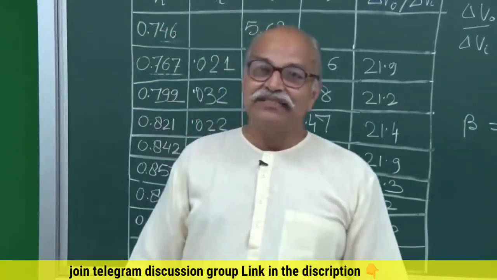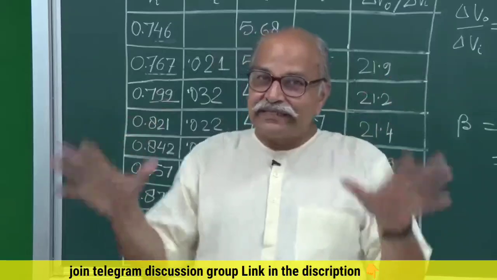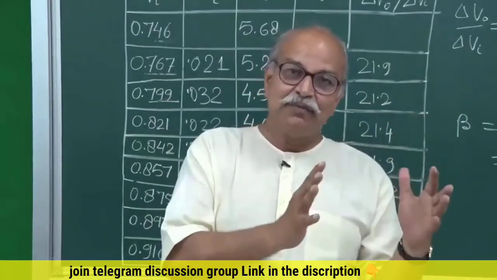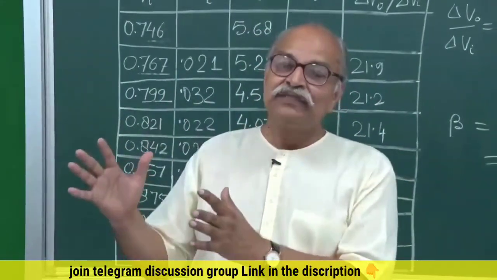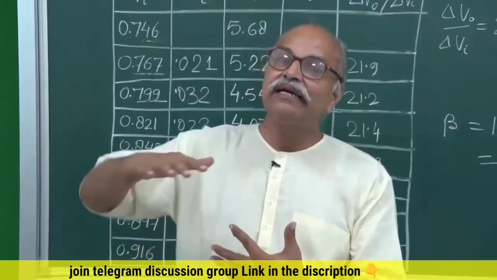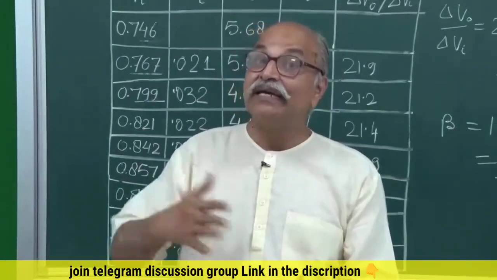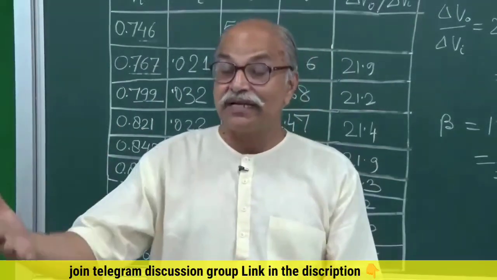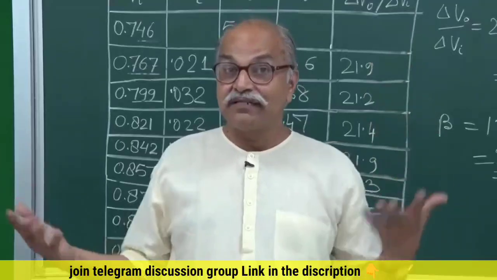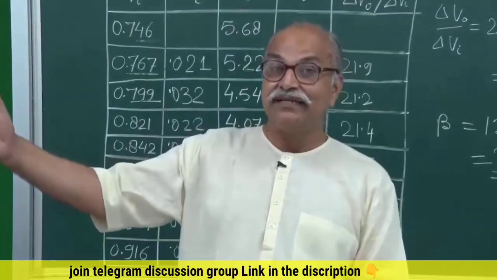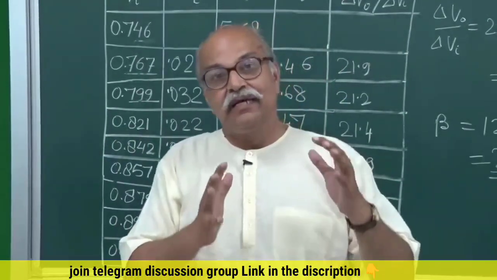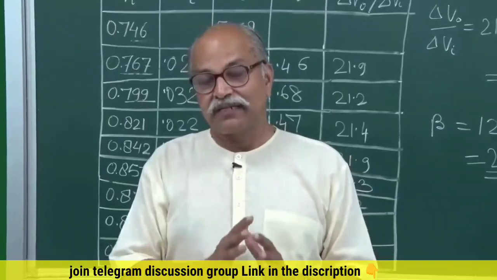The benefit is, as you know, in the transistor circuit you have two parts. One is the input part, one is the output part. Now in this output part, the current is higher. You have a current gain, beta times more current there. If beta is 200, then 200 times more current is there. The input side is a low current part.